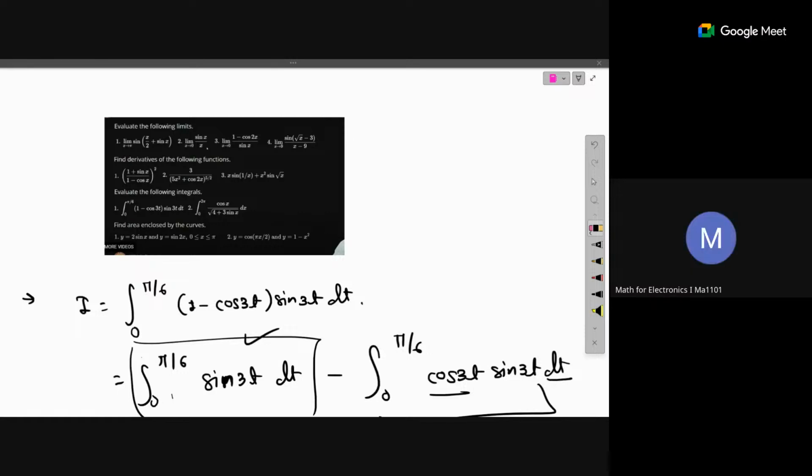Using the substitution we are getting the same upper and lower limit, so the answer will be 0. This function is not discontinuous at any point. If you observe the function cos x upon the root of 4 plus 3 sin x, we have to take care of the root: if it becomes negative, then it won't be defined. But from 0 to 2 pi, whatever negative value sin x takes, it will always be greater than minus 1.